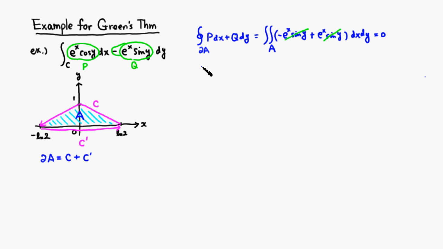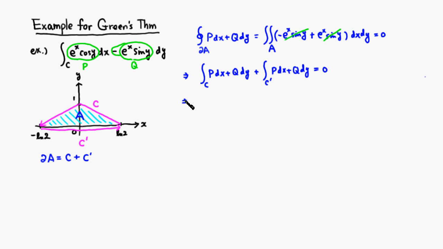This means that if you do a line integral along the boundary of A, so it's C, P dx plus Q dy, which is what we're trying to find, and add that with the integral along C prime, the straight line segment, the same P dx plus Q dy, it is going to be equal to 0.